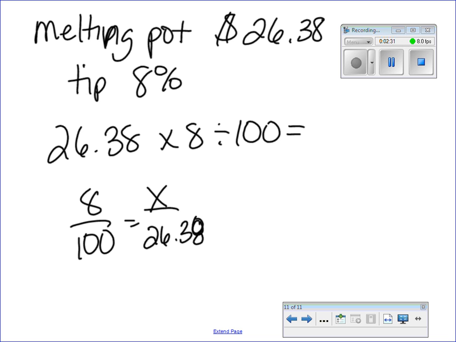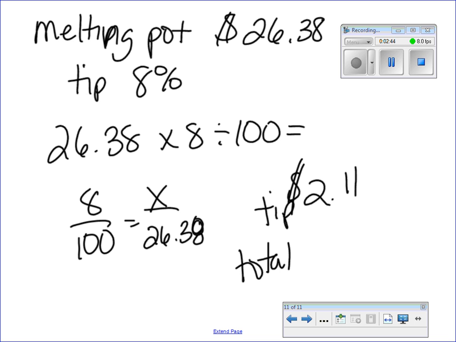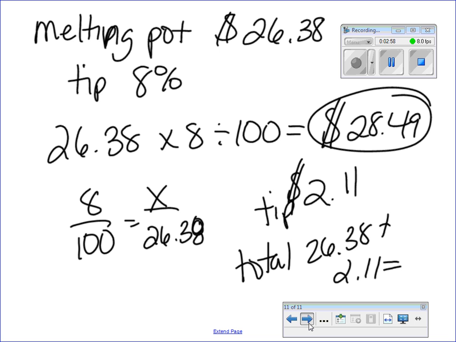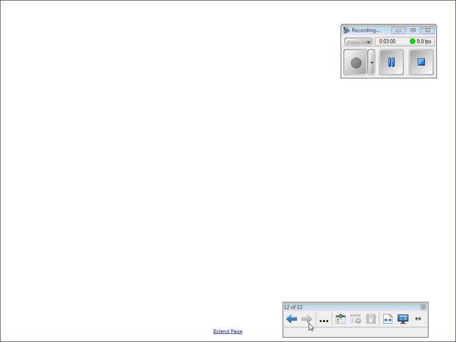Either way, that means I'm going to leave a tip of $2.11. If they wanted to know the total you paid, you would do 26.38 plus 2.11, and you would get $28.49.